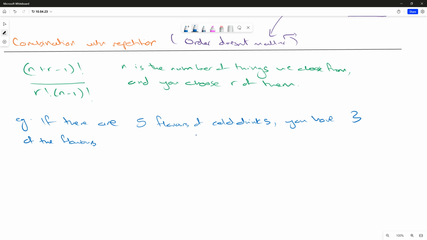Okay. How many combinations can you have? So n is 5 and r is equal to 3.